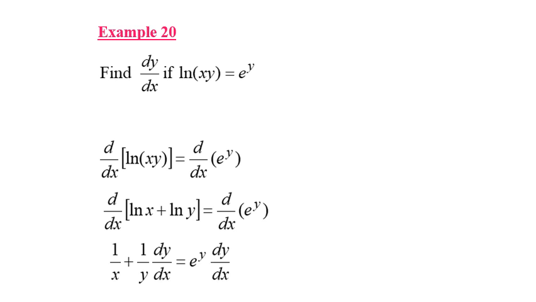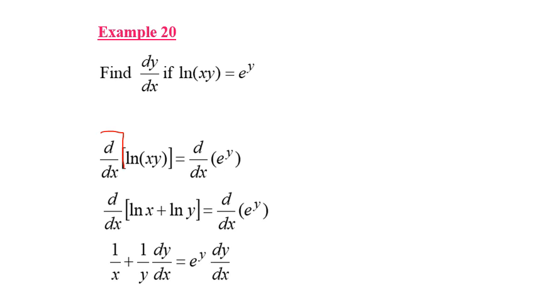Right, now we'll look at example 20. Find dy dx if ln xy equals e to the y. This time we have an equation, so we will differentiate on both sides of the equation.